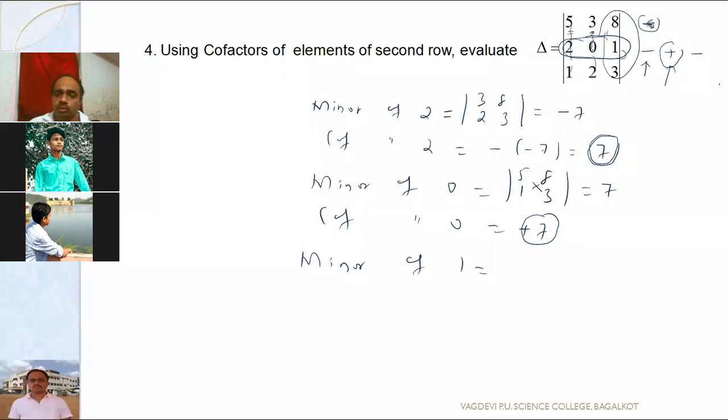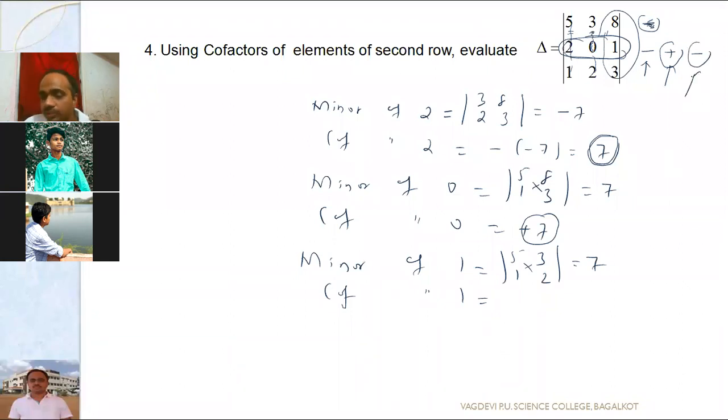5312. So what will be the answer? 5 2s are 10, 1 3s are 3. So 10 minus 3 is 7. So the minor is 7. If the minor is 7, what is the cofactor? For 1, the sign is minus here.